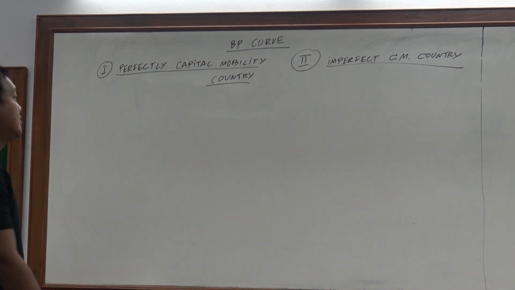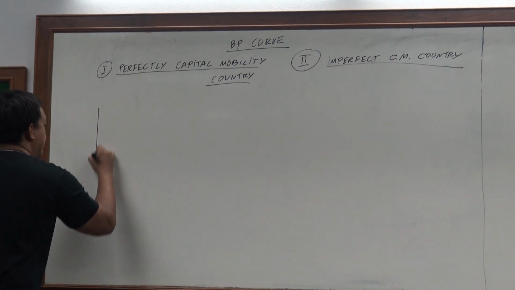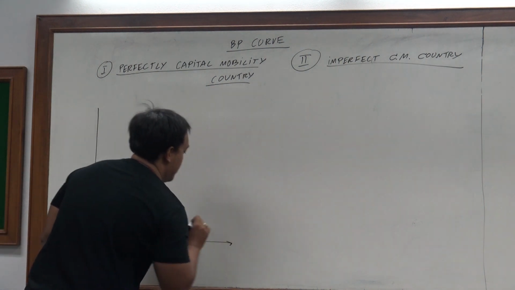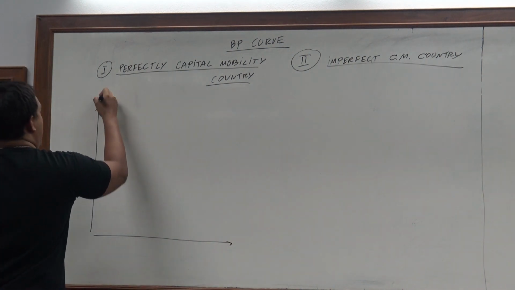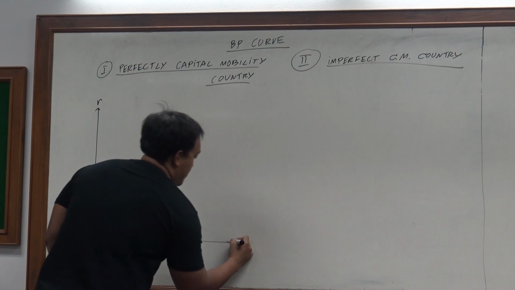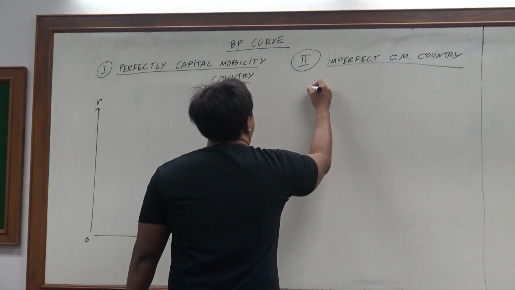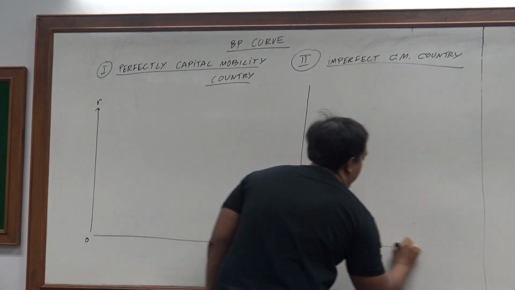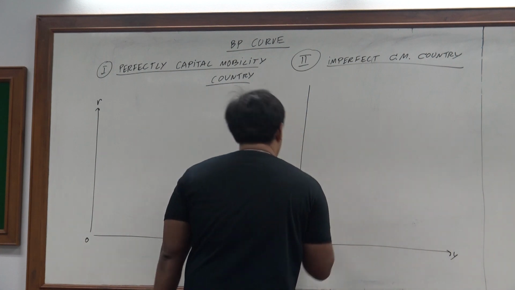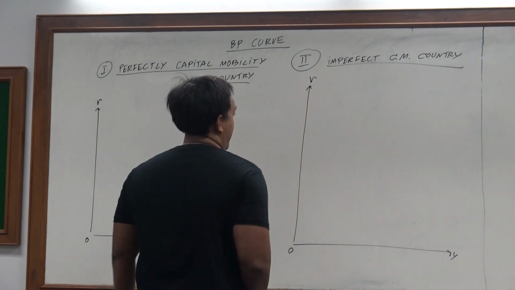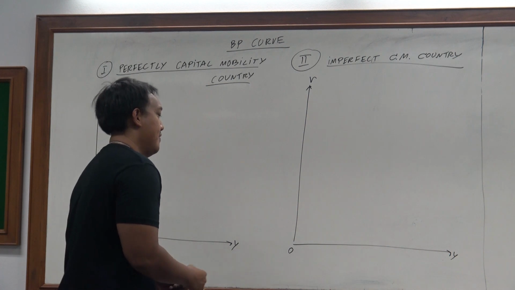The axes are R, O, and Y. Okay, this is the graph.